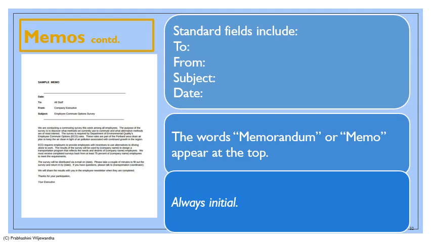The subject indicates to the reader what the memo is all about. And then the date of writing the memo. Here we don't include sender's address, recipient's address, etc. Then you also mention the word memorandum or memo at the top. And you do not sign a memo, you simply put the initials of the writer.